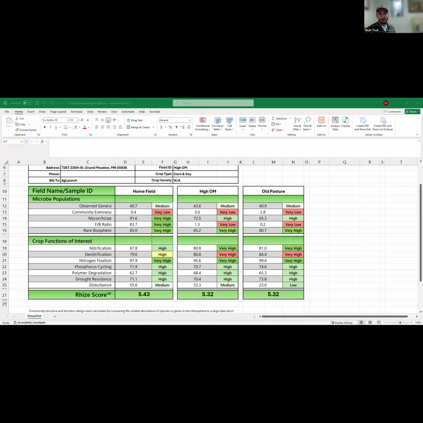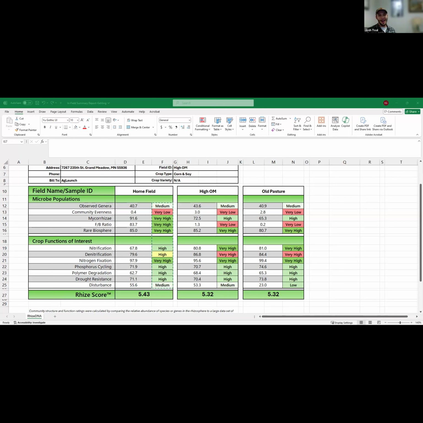One thing I like to point out on this community evenness score, you often see that it's very low. That's not necessarily a problem. One thing to keep in mind is that we're referencing this data to soil from the Midwest, but these are rhizosphere samples. In the rhizosphere, or the root zone, there are not as many microbes compared to a soil system.